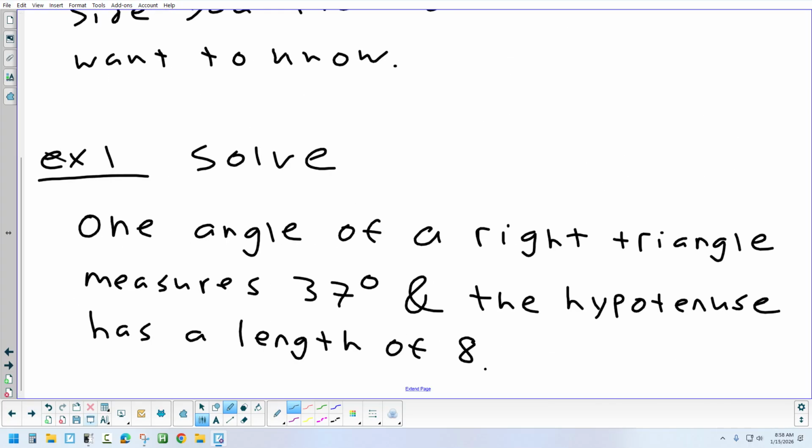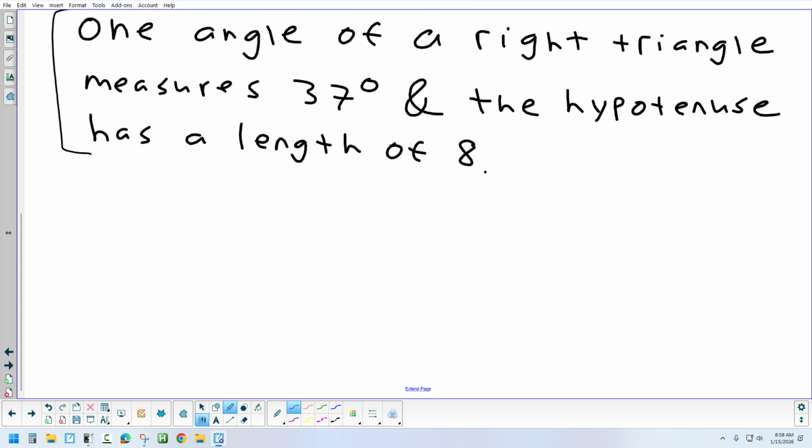Okay. What do you think we should do first here? With all of this information, to maybe represent it in a different way. Yeah? Draw and label a triangle. Yeah. Every problem that we do, we're going to draw, and then we're going to label a right triangle.